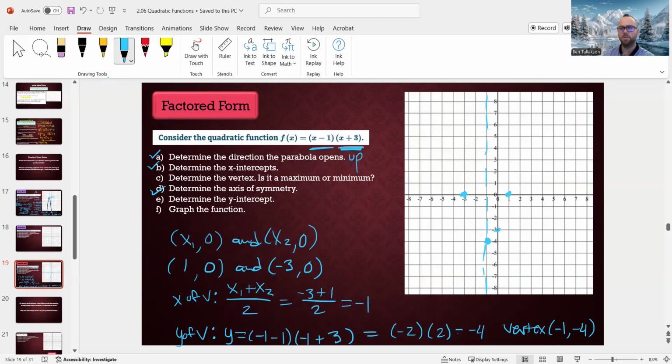It might help you find some other points, but it's not really going to help determine how high up the graph goes. So I would pick maybe 2, something like that. So you can find a point somewhere up here and over there. We've done that several times, so I'm not going to do that again. You just plug in 2 into your function, and you'll get your graphed line.